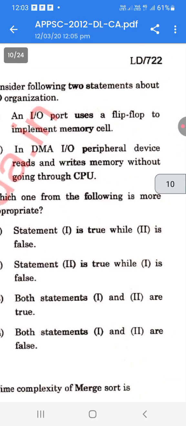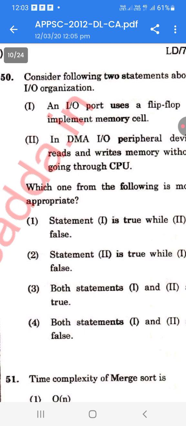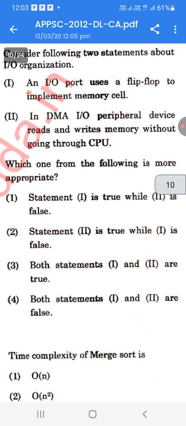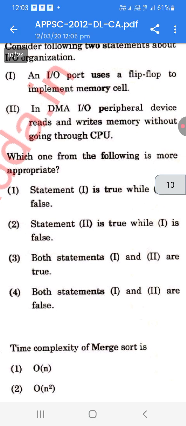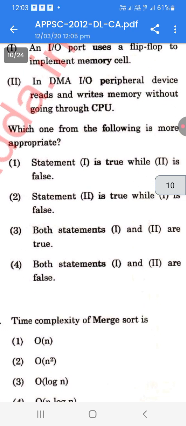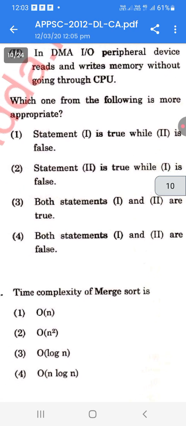Consider following two statements about I/O organization. An I/O port uses a flip-flop to implement memory cell. In DMA, I/O peripheral device reads and writes memory without going through the CPU. Which one from the following is more appropriate? 50. Third one, both statements 1 and 2 are true.